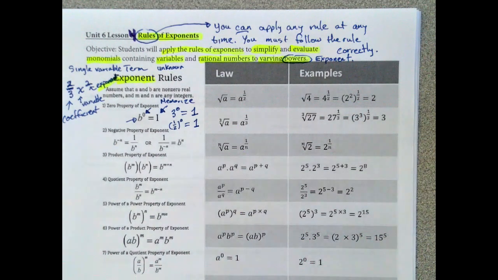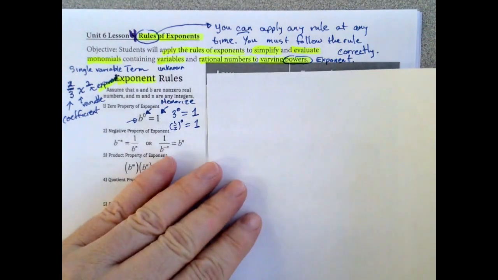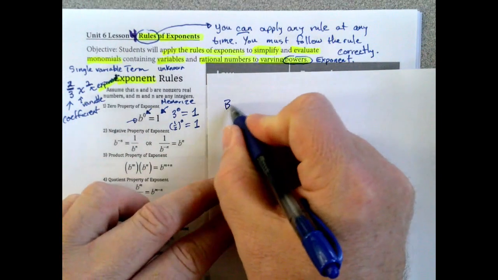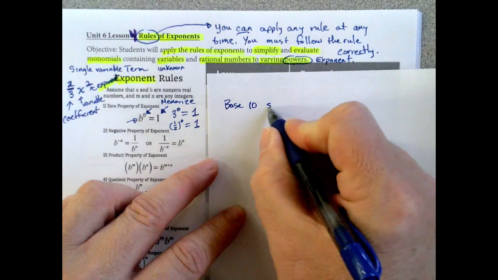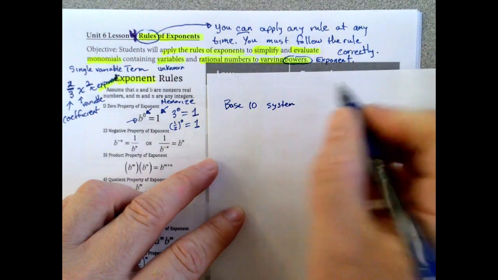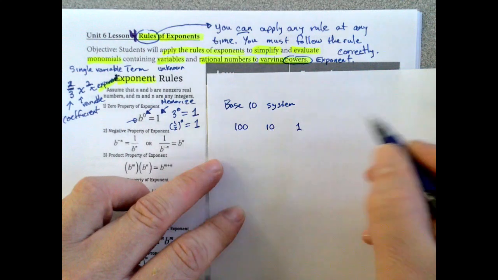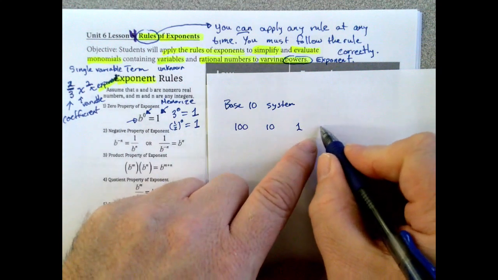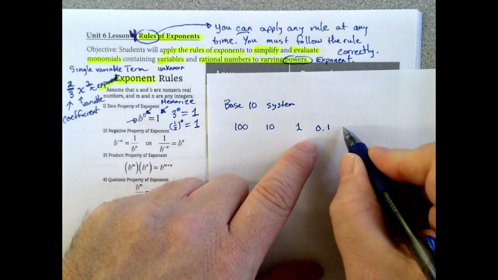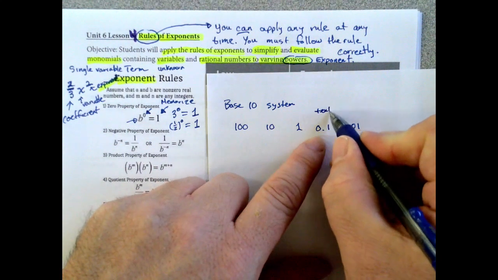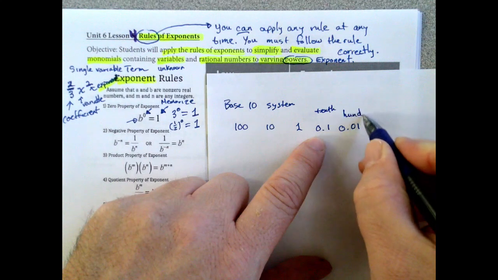It's super easy to understand why if you look at our numbers in the base 10 system. Let's take a look at the numbers 100, 10, 1, 0.1, and 0.01. So 0.1 is a 10th, and 0.01 is a 100th.